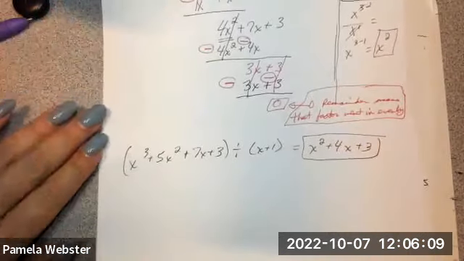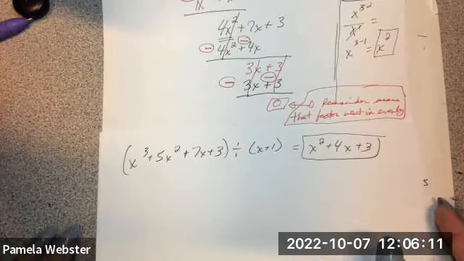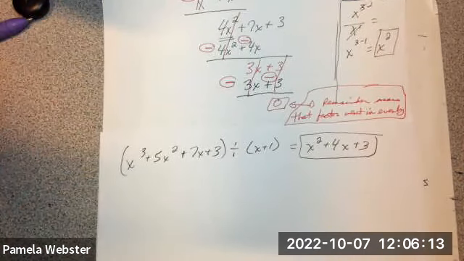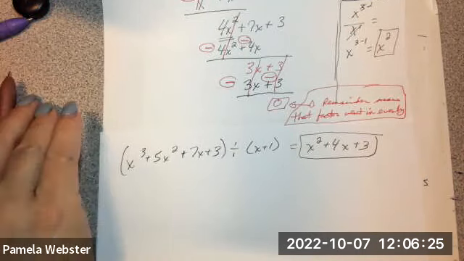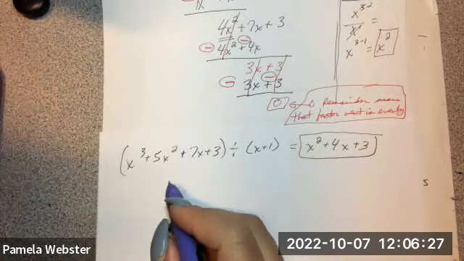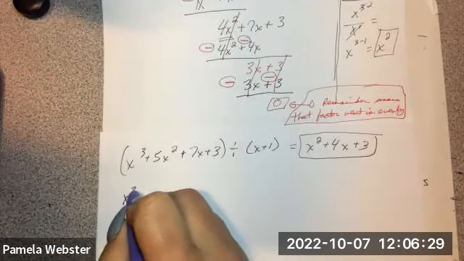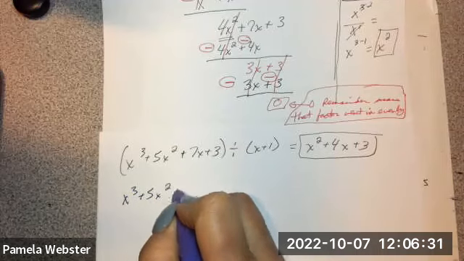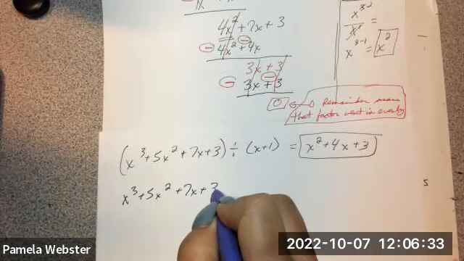It better be no remainder because we thought that this was a factor. If it is a factor, then you will always get a 0. That's my remainder. If I get some other remainder left over at the end, that means that this guy's not a factor, right? So what this tells me is I can rearrange this, okay? Here's my original, x cubed plus 5x squared plus 7x plus 3.